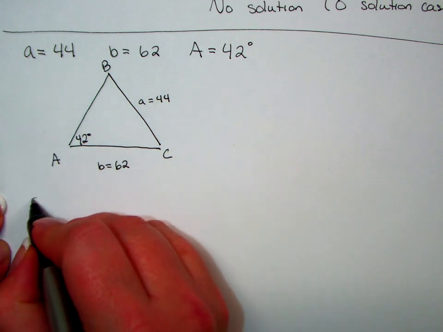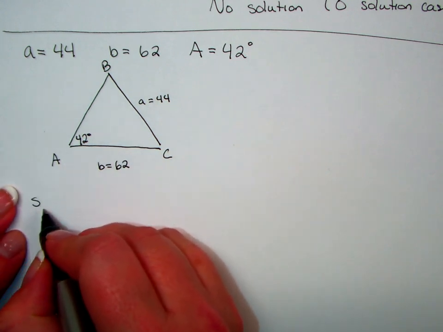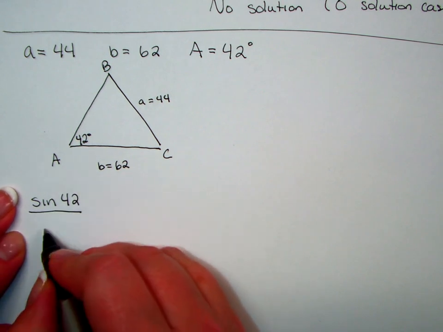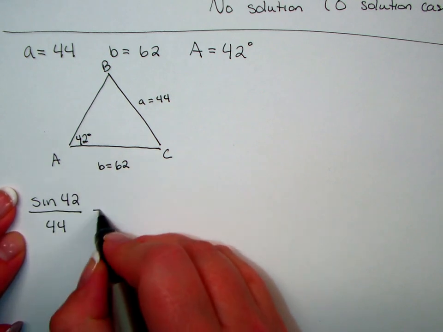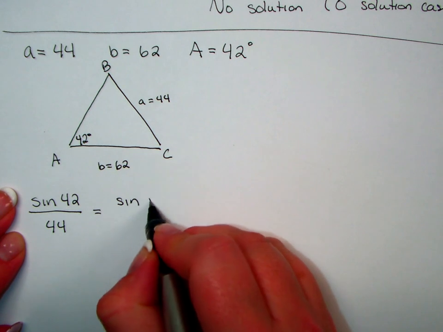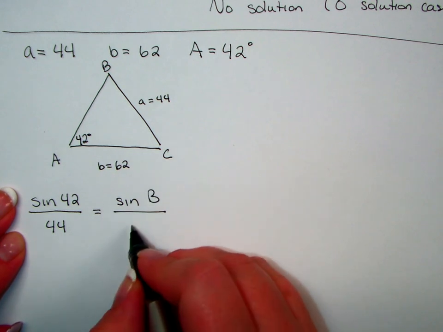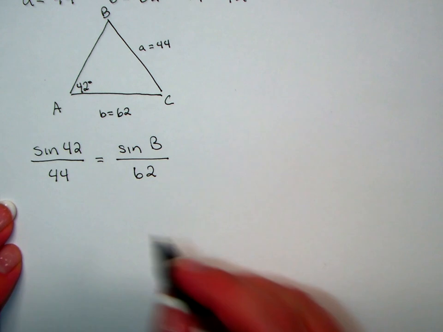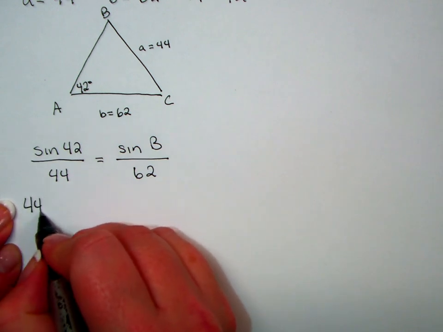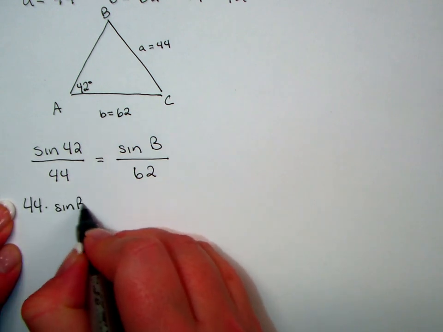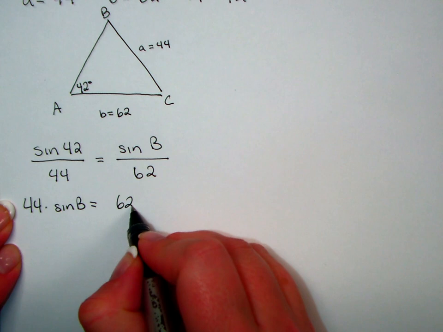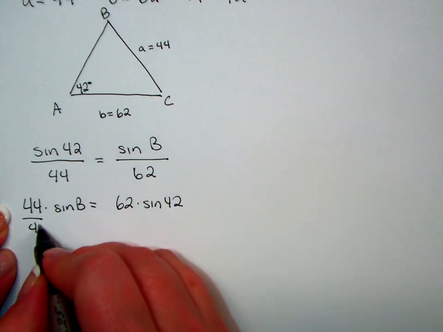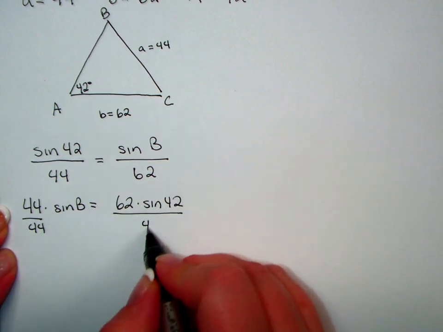So I'm going to set up those proportions. Sine of angle A divided by little a equals sine of angle B divided by little b. Okay. I'll go ahead and cross multiply. Divide both sides by 44.